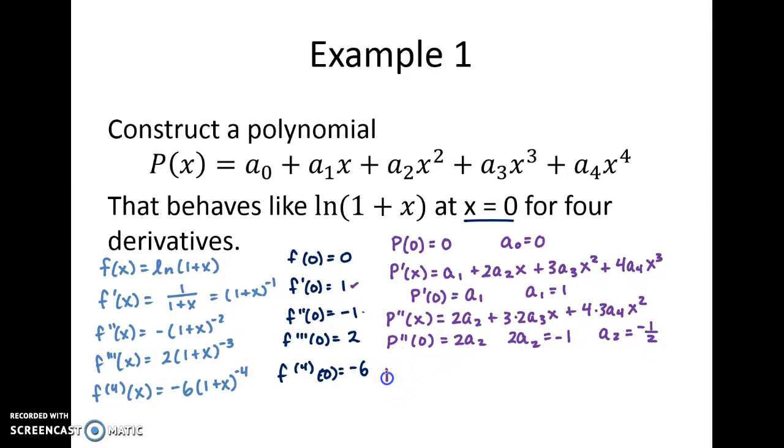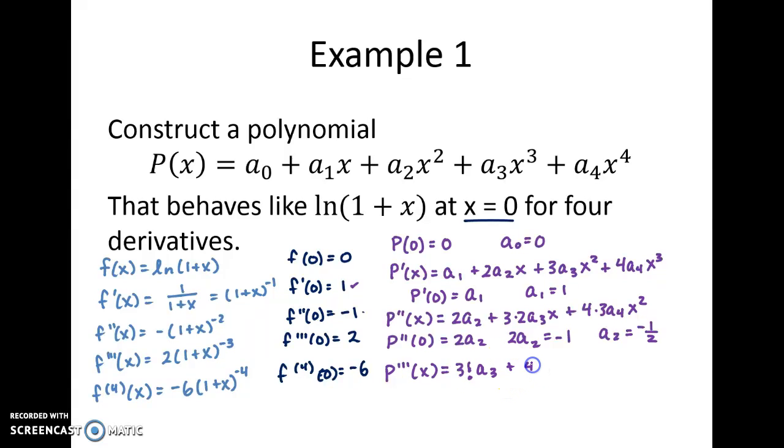Okay, now we're going to take a third derivative. The constant goes away, and we just have 3 times 2 times a sub 3. Do you mind if, instead of 3 times 2, I write 3 factorial? Because it's really 3 times 2 times 1, because x turns into a 1.